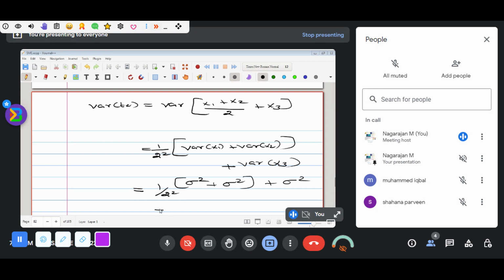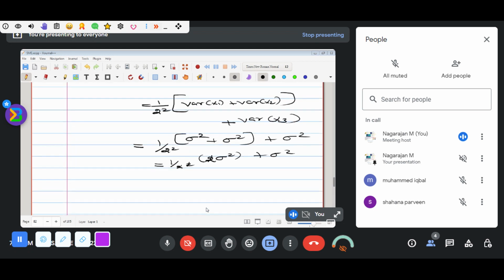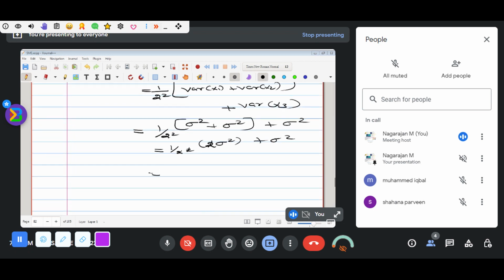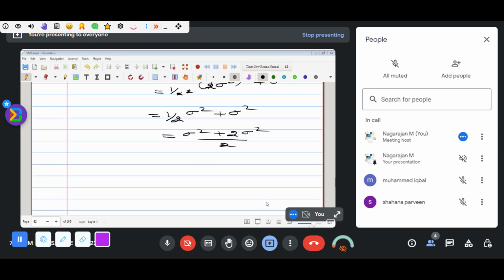Therefore our value is 1 by 2 squared times 2 sigma squared, plus sigma squared. The 2 is cancelled, so that equals 1 by 2 into sigma squared plus sigma squared. Taking the LCM, we get sigma squared plus 2 sigma squared divided by 2, which equals 3 by 2 sigma squared.